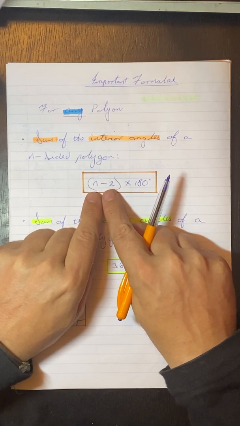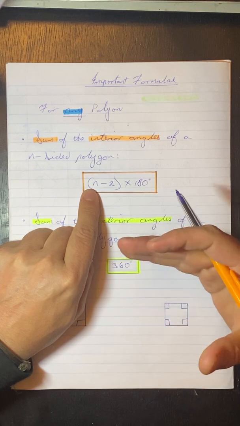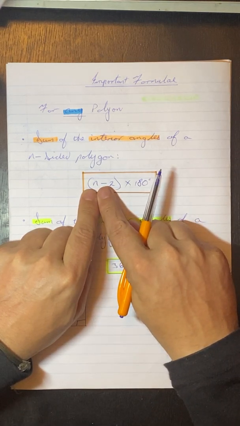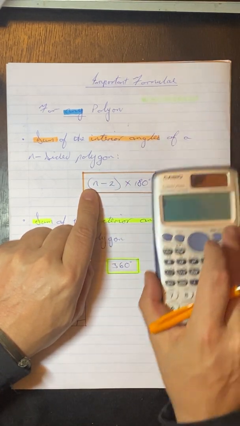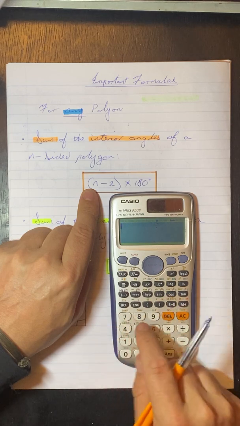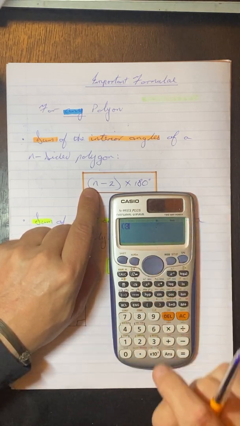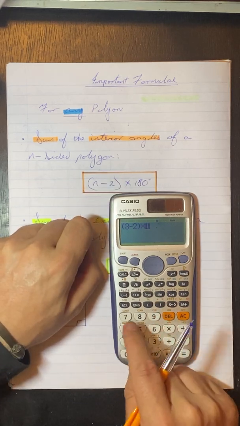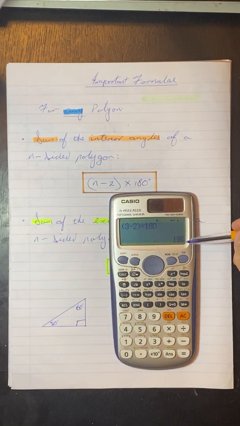Let's have a look at how we use this formula. Now, n is the number of sides of that polygon. How many sides does a triangle have? It has 3. So if we make n 3, and I'm just going to put it on the calculator so you can see the working, we say 3 for the n because a triangle has 3 sides, minus 2, times 180. And we get 180. And we knew that the sum of the interior angles of a triangle gives us 180.